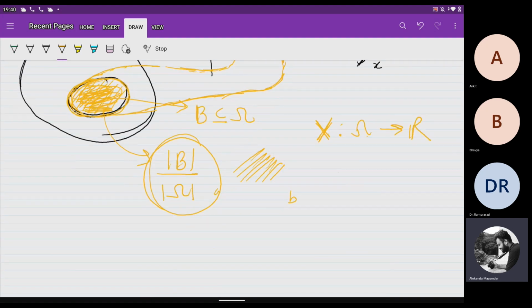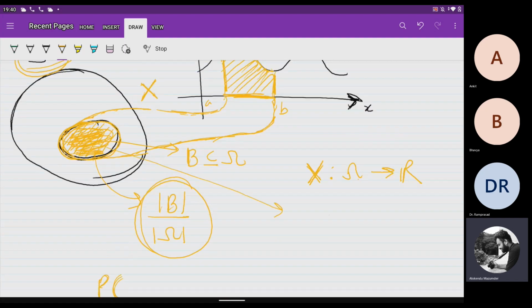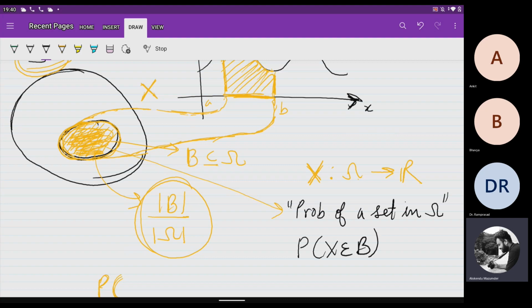So I can clearly say that, by the way, when I talk about the probability of a set in omega, you can write it as the probability that the random variable x belongs to that set.